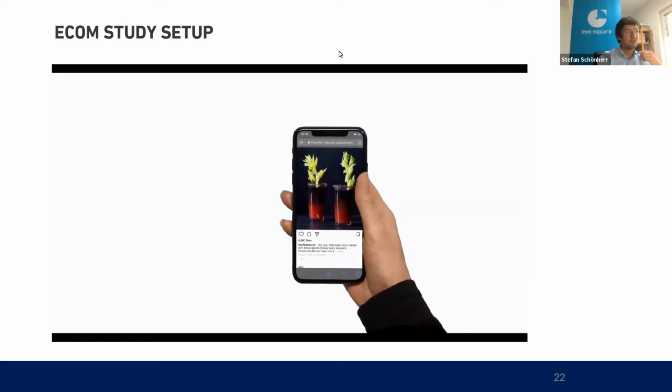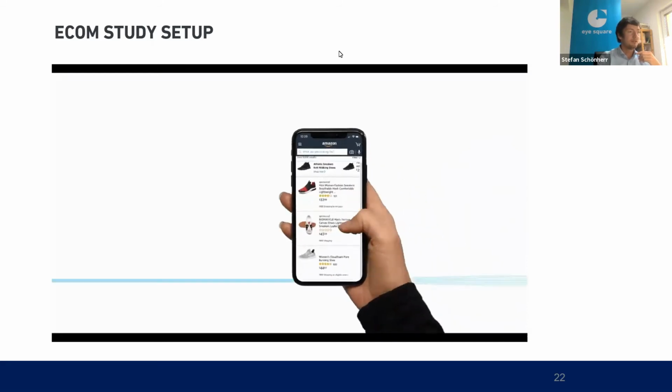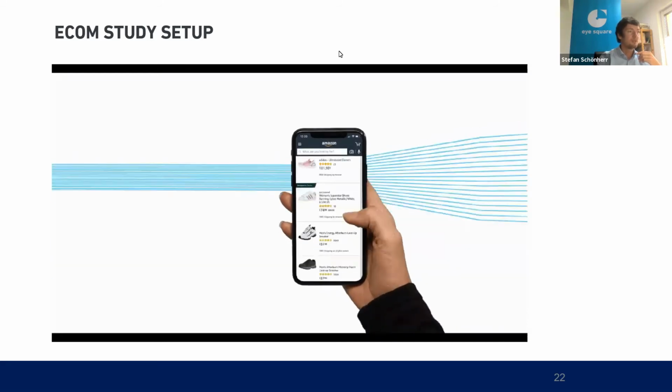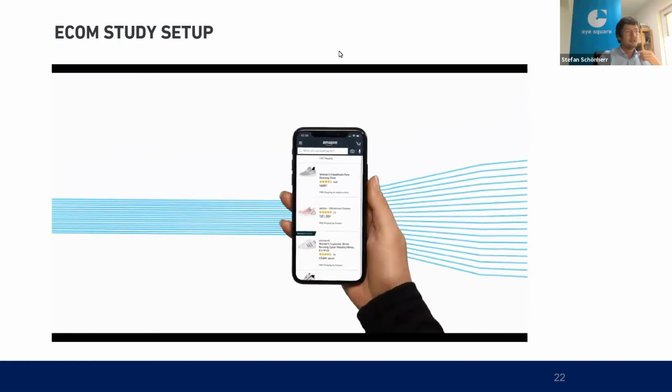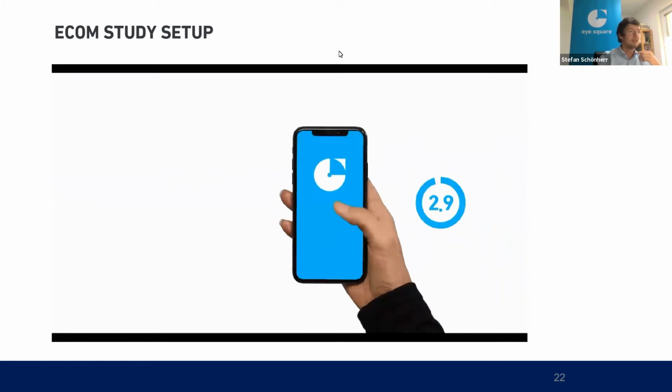We make sure that they have an ad contact. Later on, they are taken into an Amazon shop, browse for products, and we make sure they have contact to the product there for which they've just seen an ad. So we can just measure what happens in this situation.